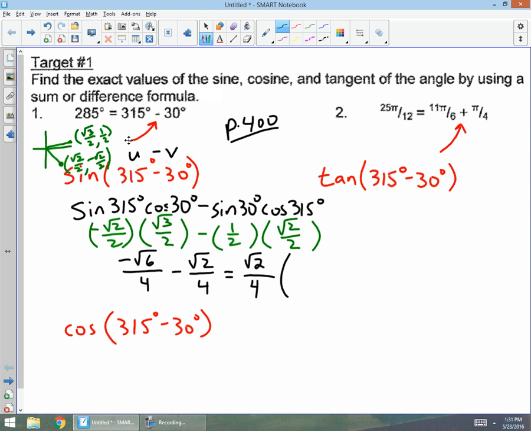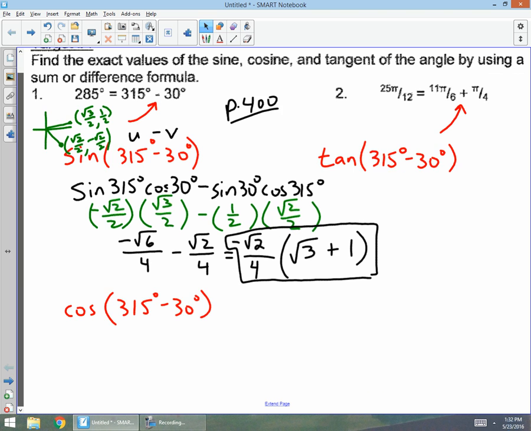Now, do you want to take out a negative on this one, a negative square root of 2 over 4, or leave it as a positive? Really, the choice is yours. My general rule is if they're both negative, I'm going to go ahead and take out the negative, leaving behind the square root of 3, technically over 1, plus 1. And that is the sine of 315 degrees minus 30 degrees.